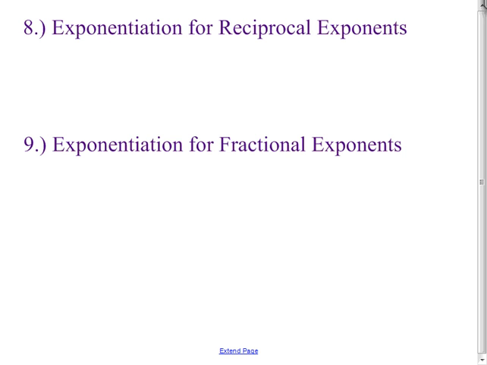And then the last two are dealing with radicals. Exponentiation for reciprocal exponents and exponentiation for fractional exponents. The first one is a reciprocal exponent, x to the 1 over n. It's a reciprocal exponent. Usually it says x to the n. However, it's 1 over n. If that's the case, this is just a root. This is the nth root of x.